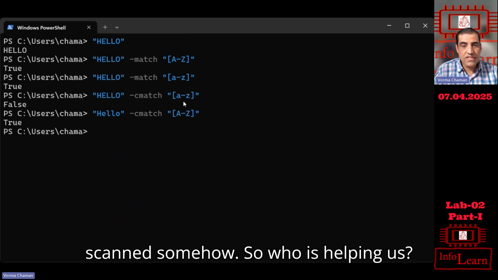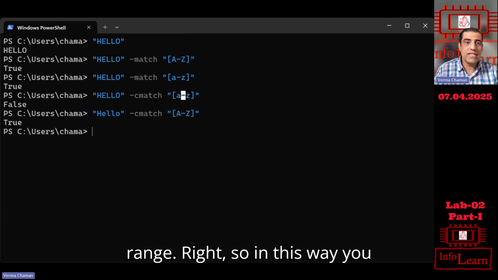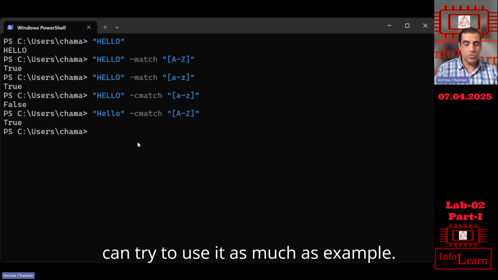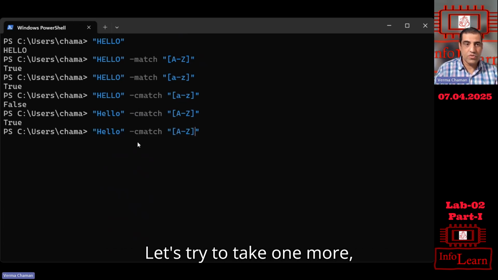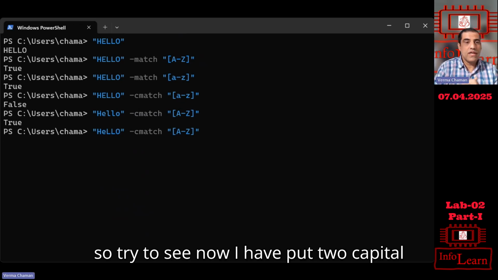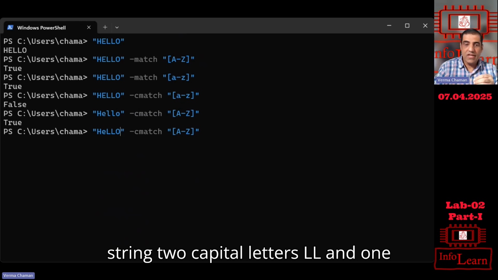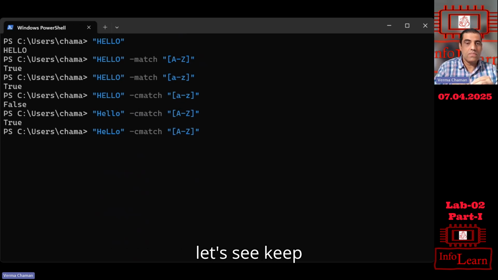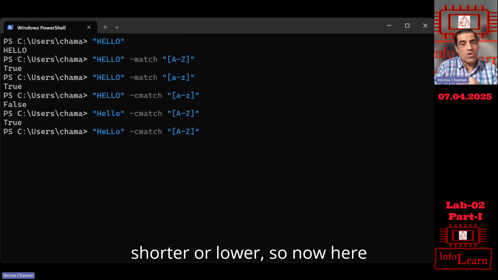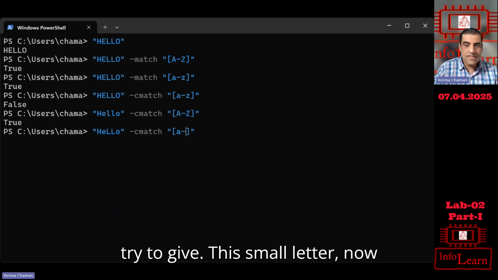So who is helping us? This hyphen. Hyphen means range, right? So in this way you can try to use it as much as you like. Let's try to take one more. Try to see, now I have put two capital letters, LL. So in my string, two capital letters LL, and the rest lower case. Now try to give this small letter range.